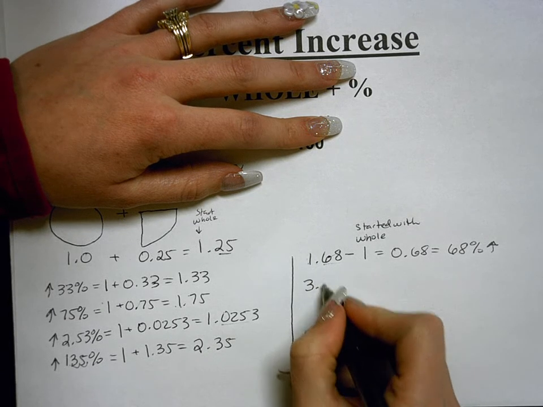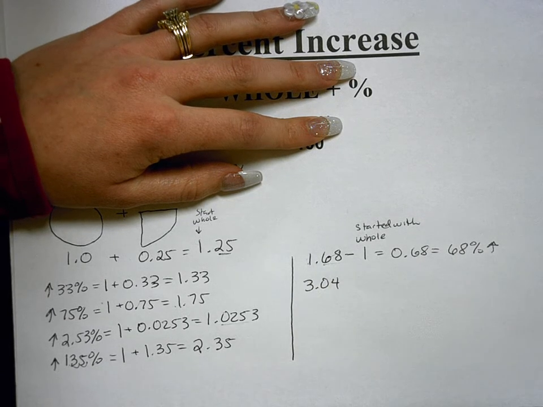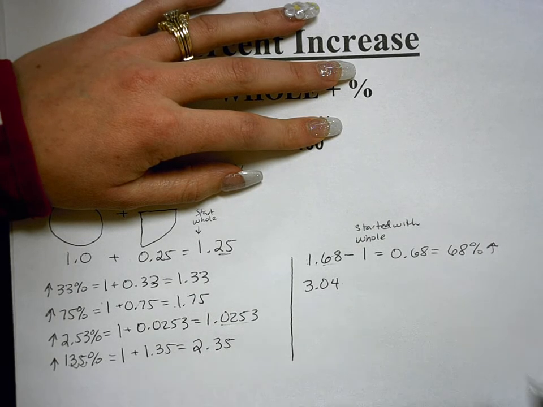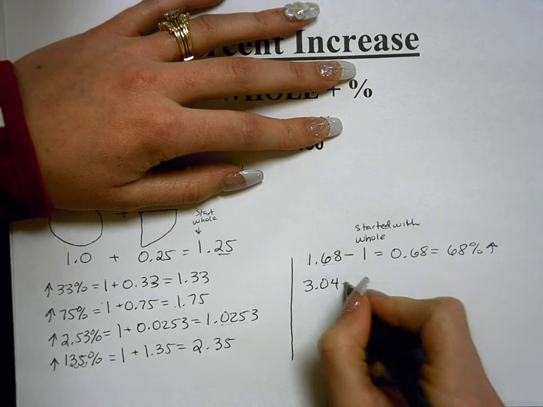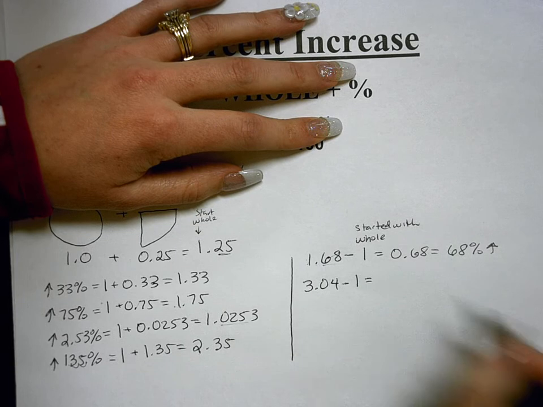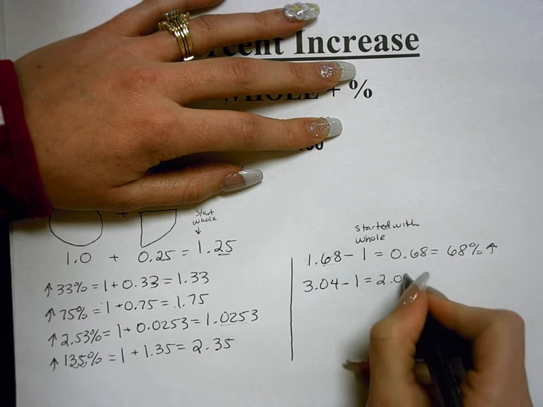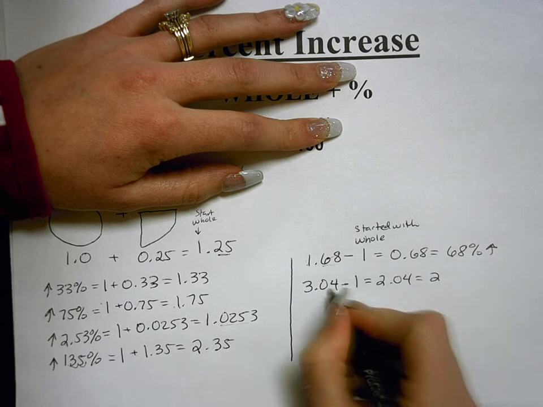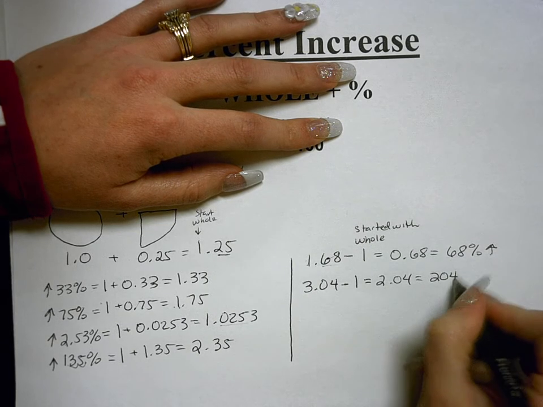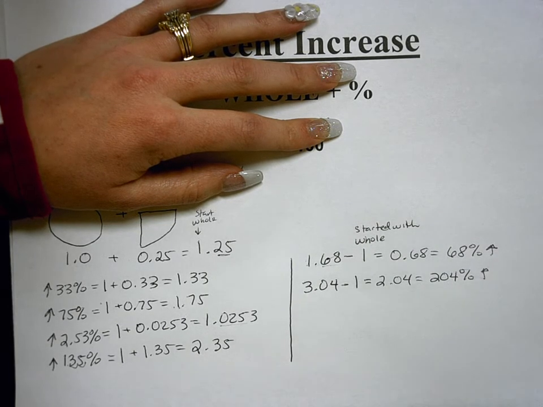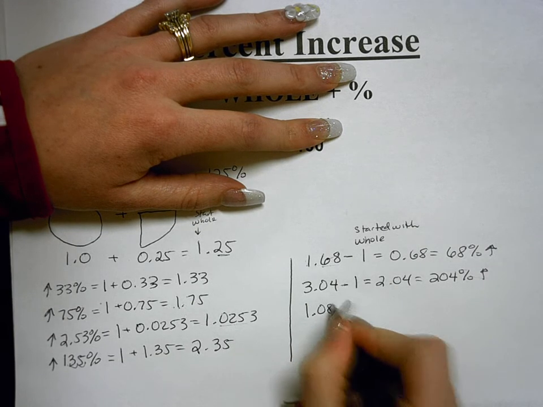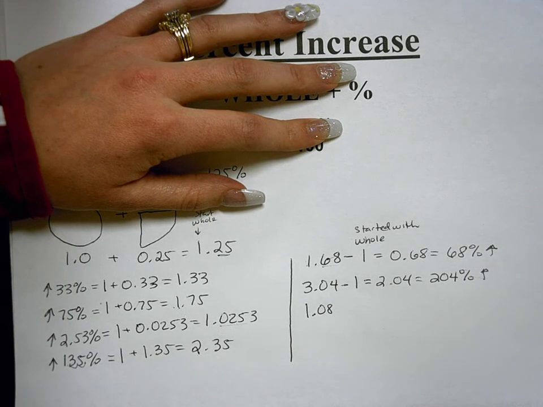Let's look at 3.04. How much of a percentage increase would this be? Well, we take away the whole, and what we're left with is 2.04. We turn that into a percentage, and 3.04 is the same thing as a 204% increase. If we look at the decimal 1.08, how much of a percent increase is that?